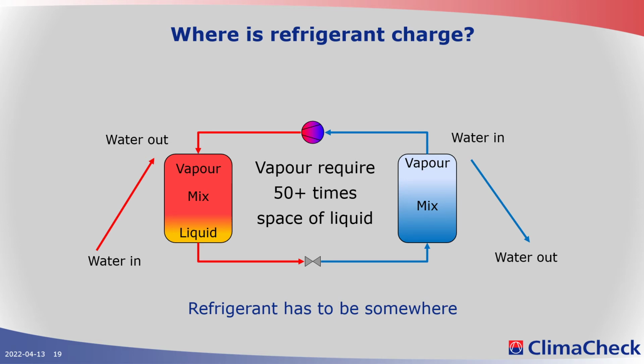Otherwise, it's trying to pull through vapor, which requires much higher velocity to get the same mass flow through. So as soon as I get vapor to the inlet of the expansion device, it tends to be insufficient in size to handle it.